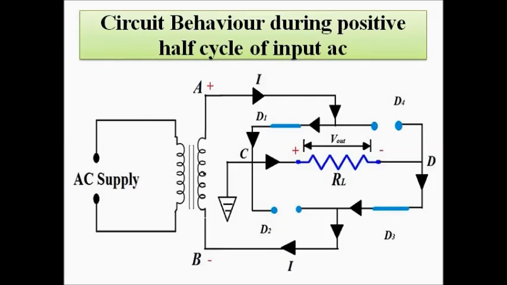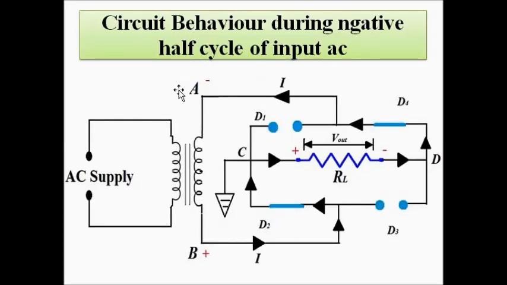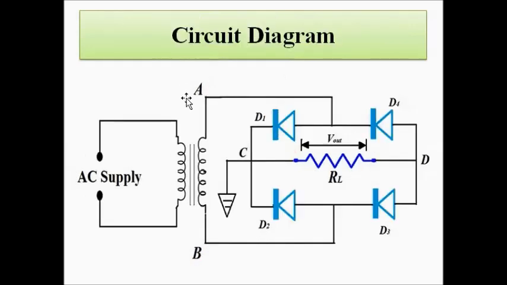Now, during the negative half cycle, as you can see, the top end becomes negative and the bottom end becomes positive. The polarities are interchanged. A becomes negative, B becomes positive. Now, A, which is negative, is connected to the N-type end of D4.